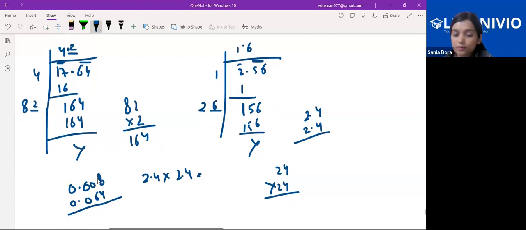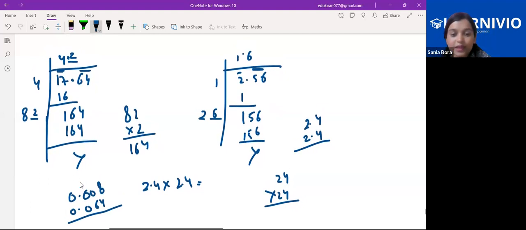First, you find the square root of this number, and then you find the square root of this one. Then whatever answers you get, you add them. That's it. Okay?